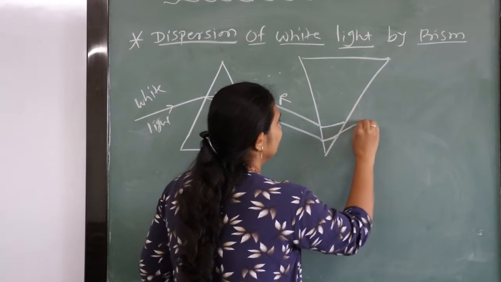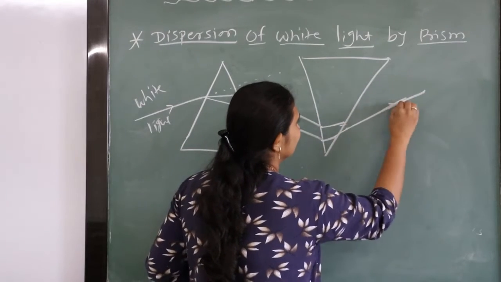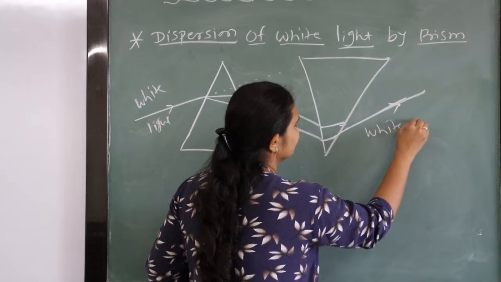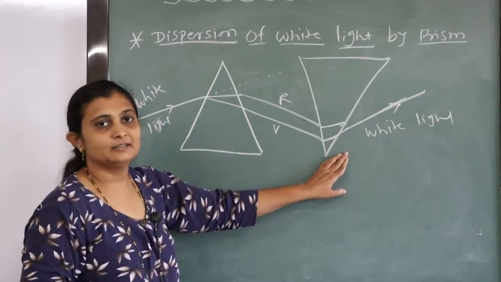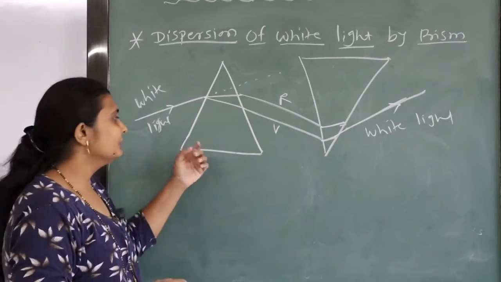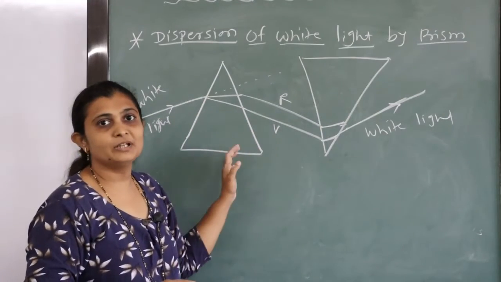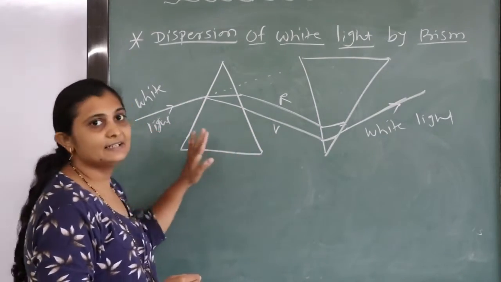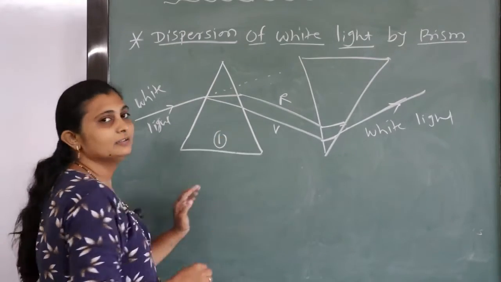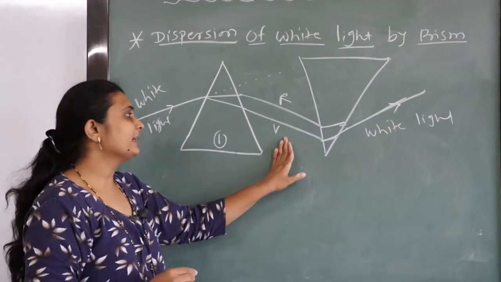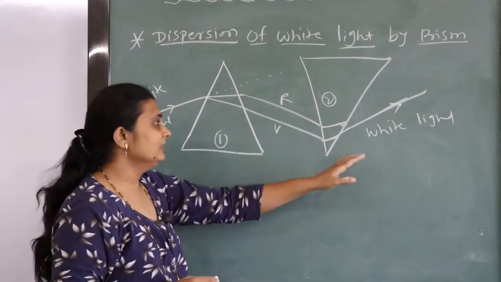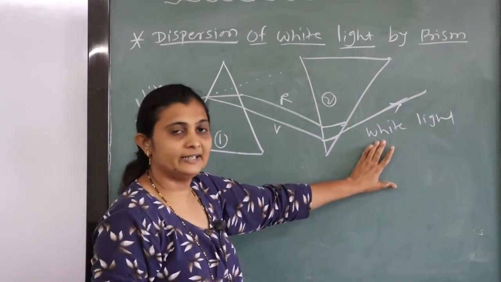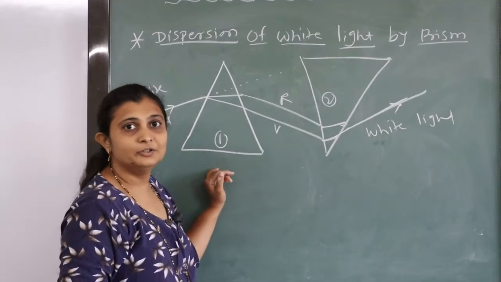Again you get white light again. Understood this experiment? We have to use 2 prisms put in this way. White light is incident on prism number 1. You get the spectrum. This spectrum is incident on prism 2, and after refraction you get the white light again. This was also proved by Newton.